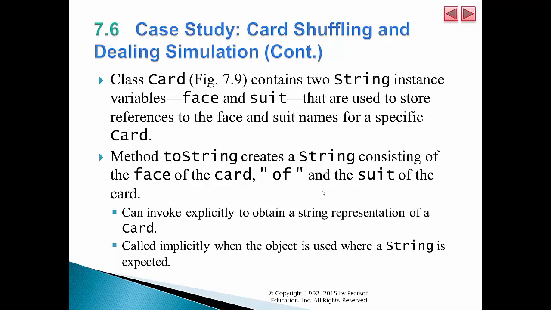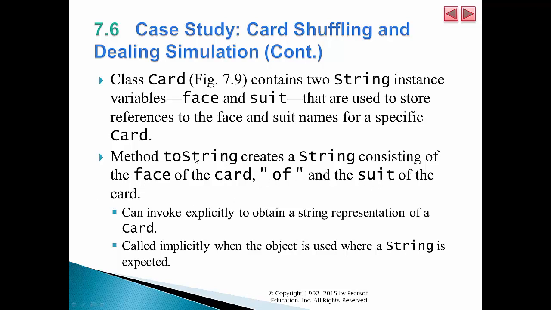This card object has two properties: a face and a suit. It also needs to implement a method called toString, which has to return a string representation of that particular card. So if the face is 10 and the suit is hearts, it has to say 10 of hearts.